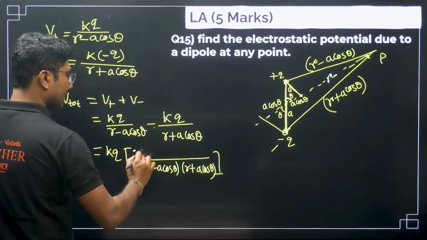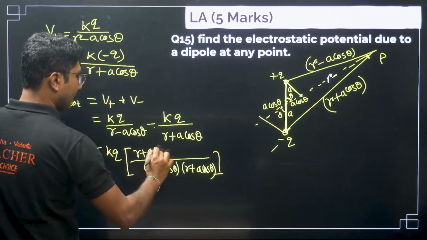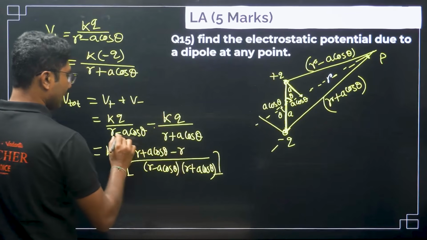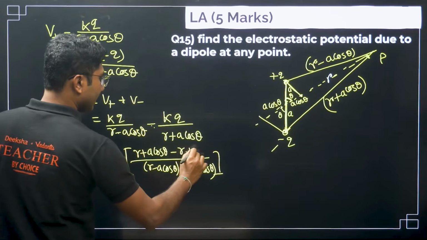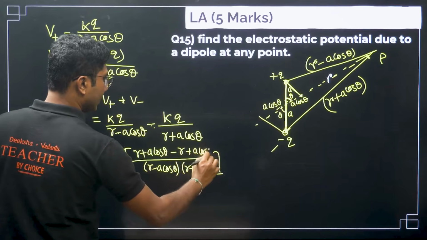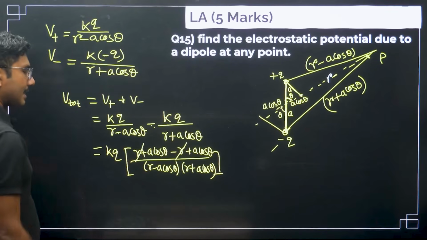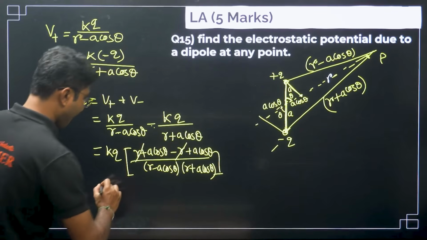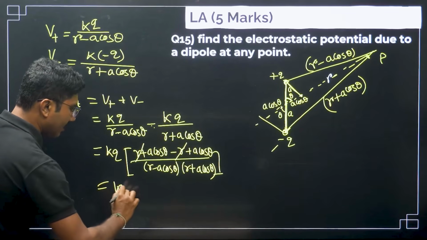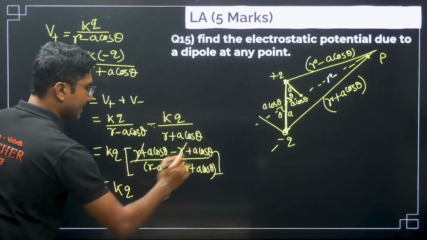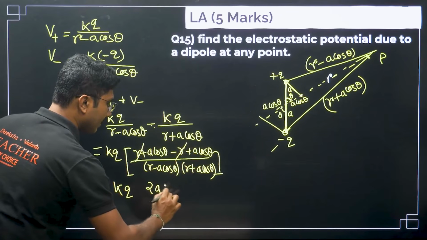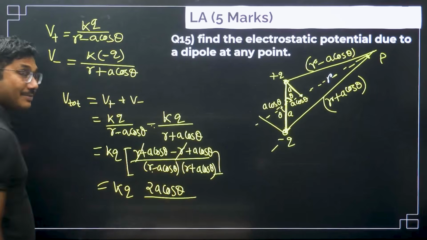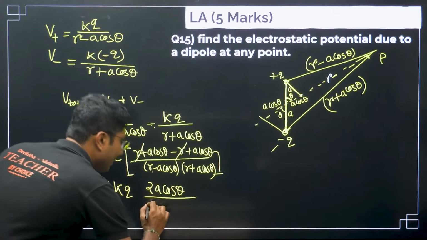In the numerator, r plus A cos theta minus r plus A cos theta. So r cancels and we get KQ into 2A cos theta, divided by a plus b into a minus b, which is a squared minus b squared.